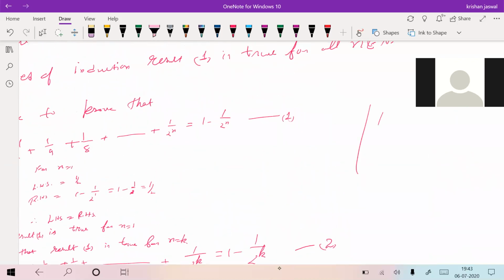What do we have to prove? 1 minus 1 over 2 power k plus 1.